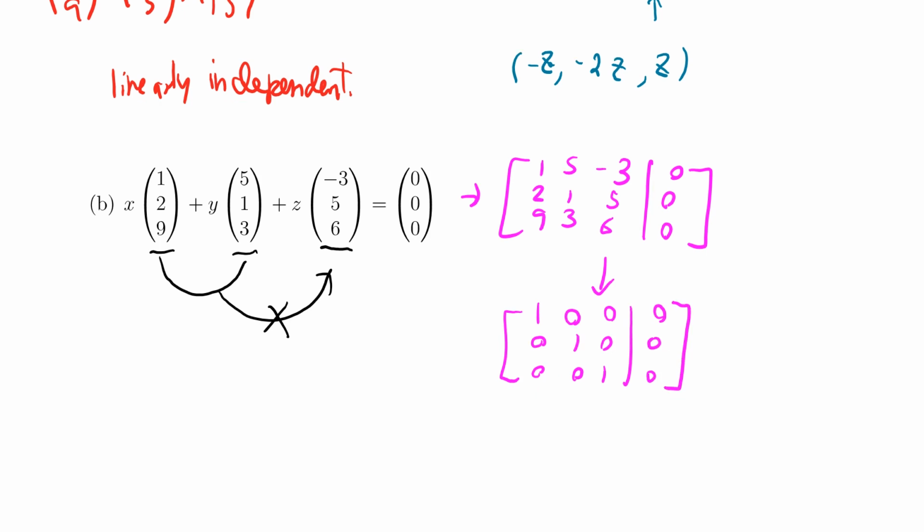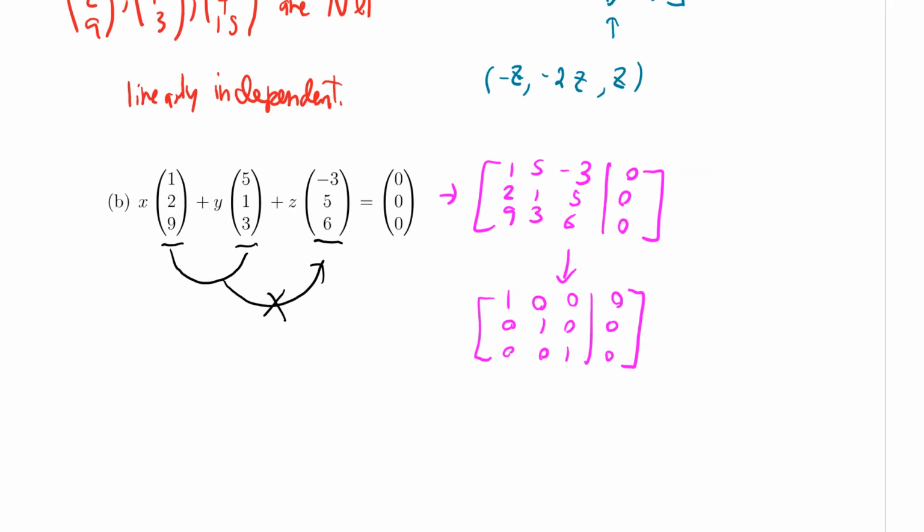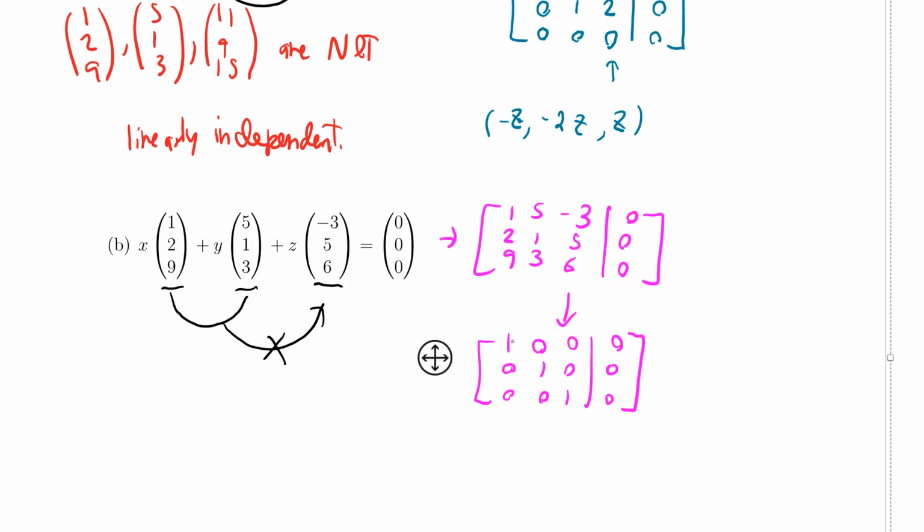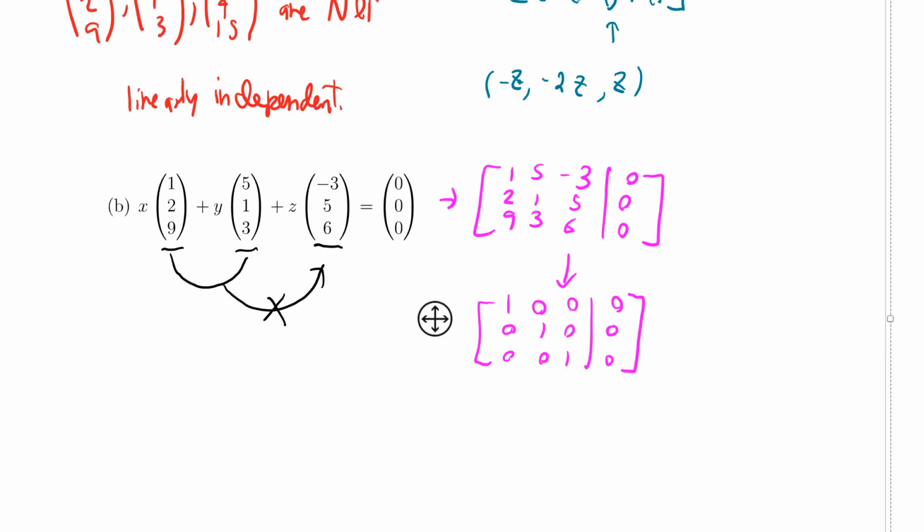Voila. Now, what does this mean? This means the solution for this system is just x equal to 0, y equal to 0, z equal to 0. So the only solution to this is 0, 0, 0. That means these three vectors are linearly independent.